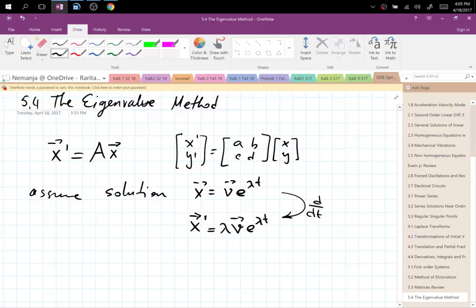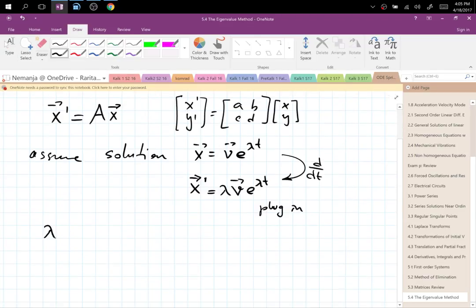And now plug in. So what we get is lambda v e to the lambda t is equal to A times, and instead of x I have v e to the lambda t. Now remember that you can't divide vectors, but you can divide by non-zero functions, in which case we can cancel these because they are non-zero functions.